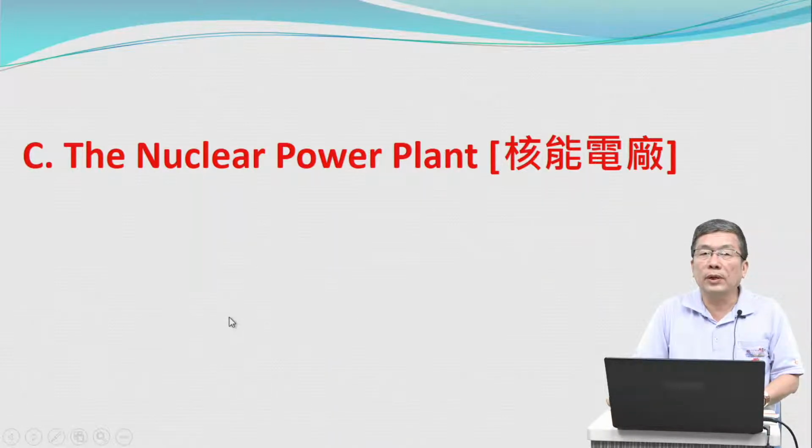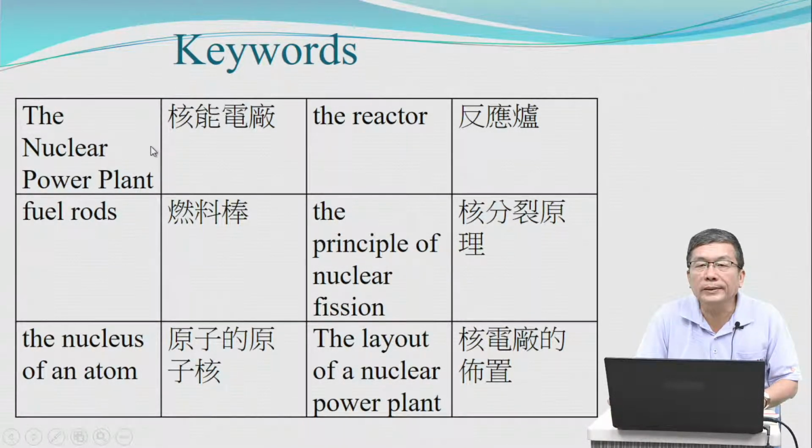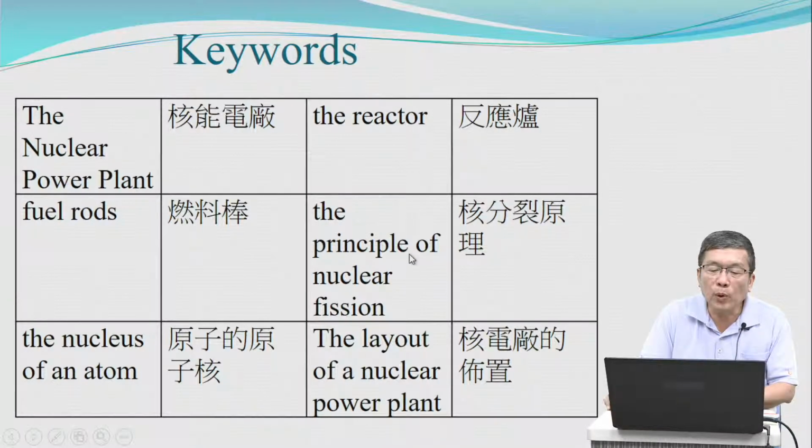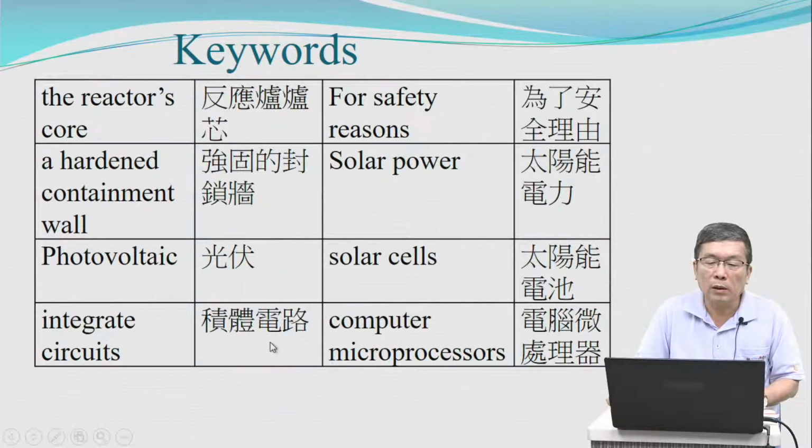The nuclear power plant. The keywords: the nuclear power plant, the reactor, fuel rod, the principle of nuclear fission, the nucleus of an atom, the layout of a nuclear power plant, reactor's core.